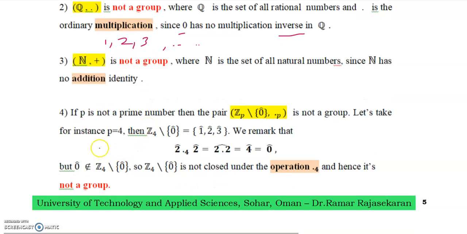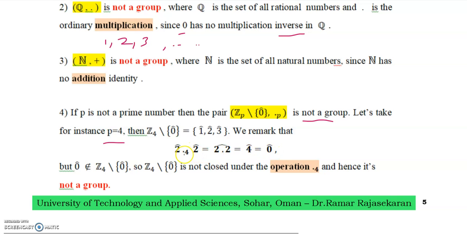You see now the property 4. Zp minus 0 over multiplication modulo p is not a group. Here p is not a prime number, which means you take p as 4. Then elements are 1, 2, 3, as 0 you delete. See, Z4 minus 0 is 1, 2, 3. Here for 2 multiplication modulo 4, 2, the answer is 0.